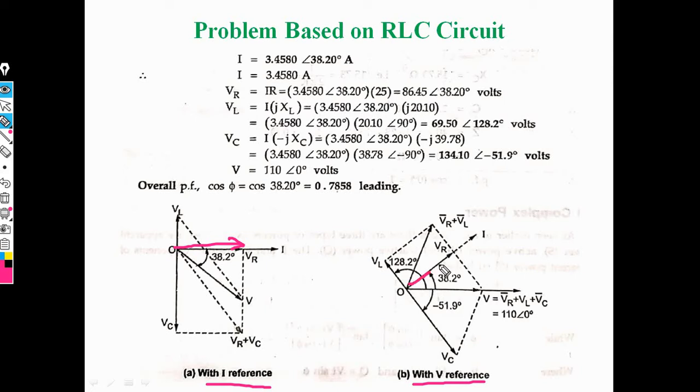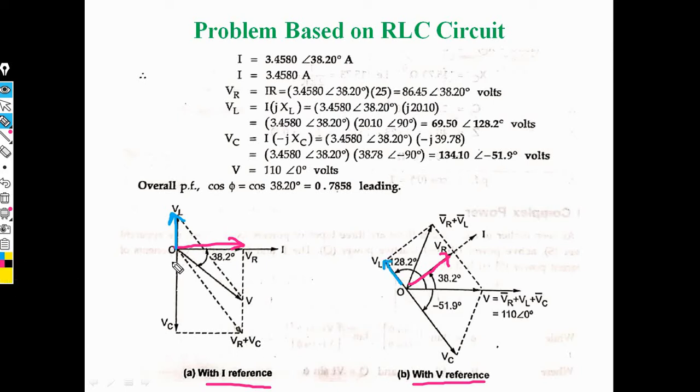Reference phasor is I here. Reference phasor voltage is V here. Now this is the VR. Okay, now here voltage across inductance VL is here. Now here voltage across inductor VL is here.